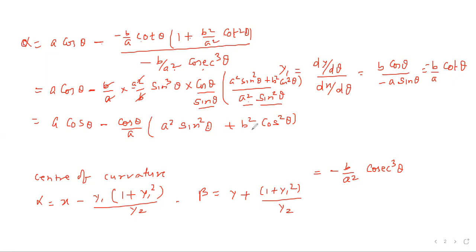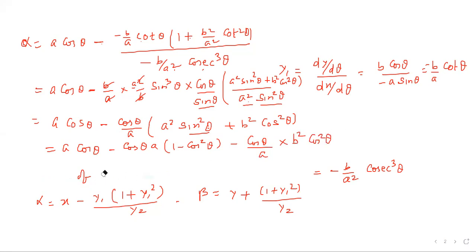Now further we multiply this term inside: a cos theta minus cos theta into 1/a will cancel out. So a into this can be written as 1 minus cos square theta, and this minus cos theta upon a times b square cos square theta. Now we further simplify.